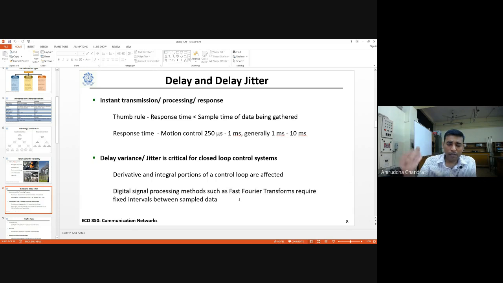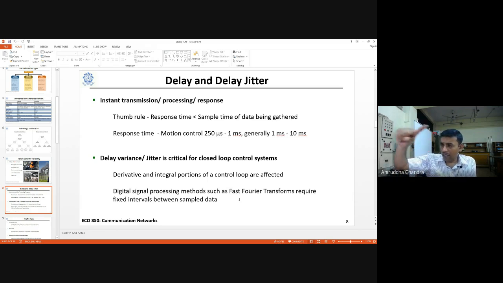The second point that we want to discuss on this slide is the delay variance. The delay variance, or jitter, is also critical, because when you have a variance of delay, like sometimes the response is obtained within 10 milliseconds, sometimes 20, sometimes 30, that's not good, because you have a control loop. If I have electrical friends, probably they understand it better.